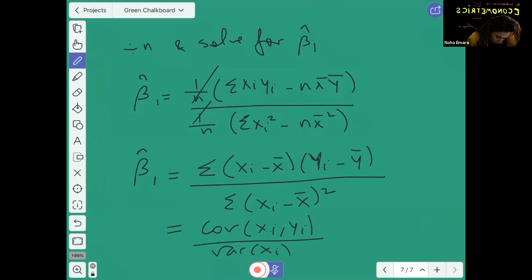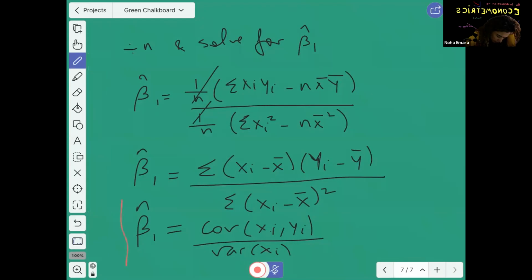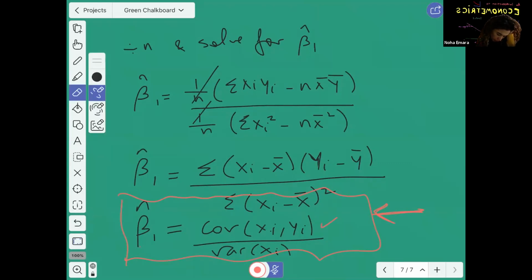So after all these derivations, we are able to get this important formula, which is saying that beta 1 is simply equal to the covariance between y and x divided by the variance of x.